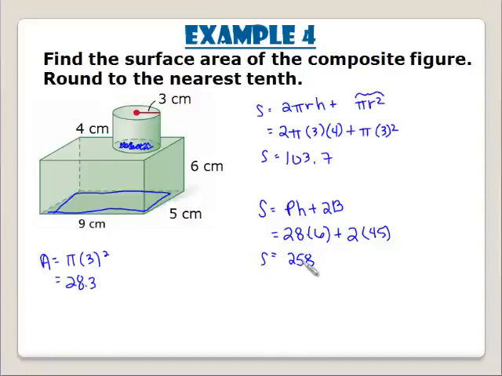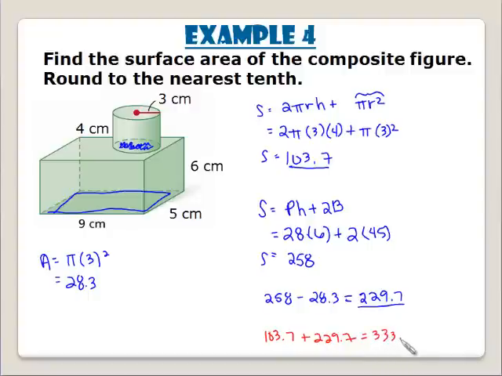So we want to subtract that from this number, the surface area of the prism. So 258 minus 28.3 is equal to 229.7. So I want to add this with this, and that'll be my total surface area of the composite figure. So 103.7 plus 229.7 is 333.4. This is the total surface area of the composite figure.